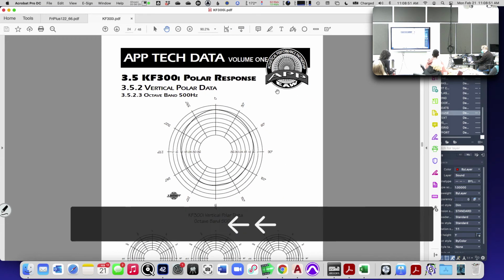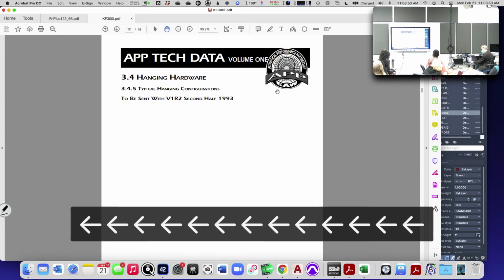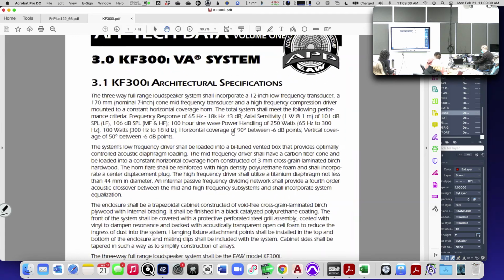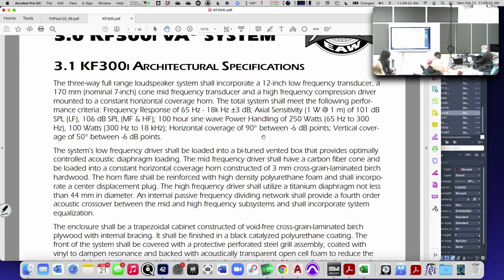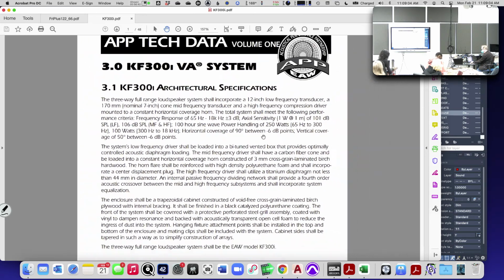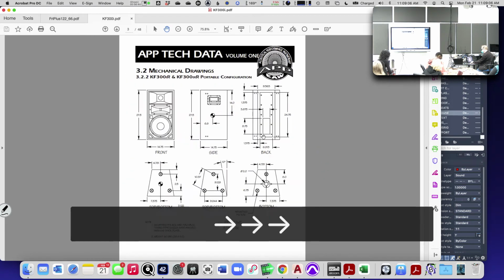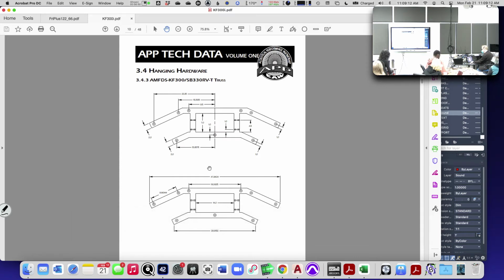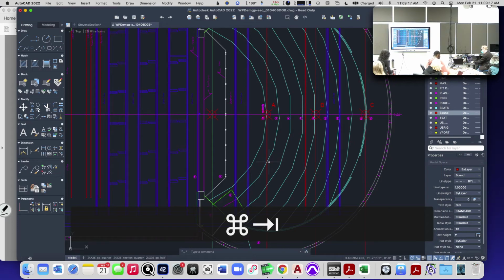We can just check the spec sheet. They're saying horizontal coverage 90 degrees between 6 dB points. So I'd be willing to bet that if you look at this bracket and measure that angle, you're probably looking at a 45-degree angle horizontally.